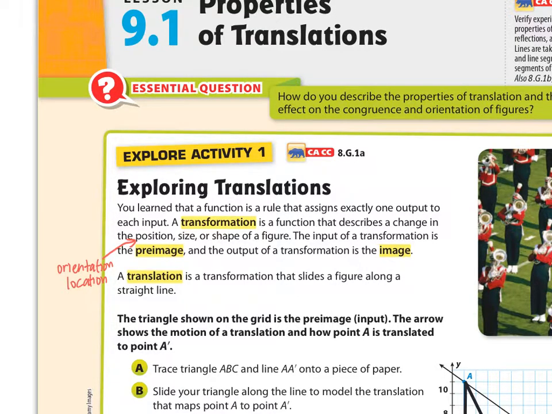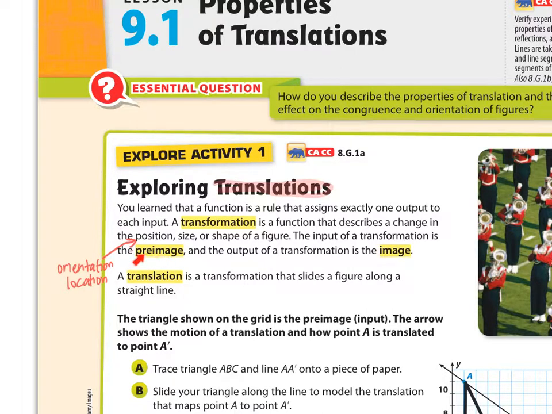We're going to be taking a closer look at 4 different types of transformations in this unit. This is one of the transformations today, and it's called translations. When we do a transformation, we have a pre-image, which is like what we're starting with.